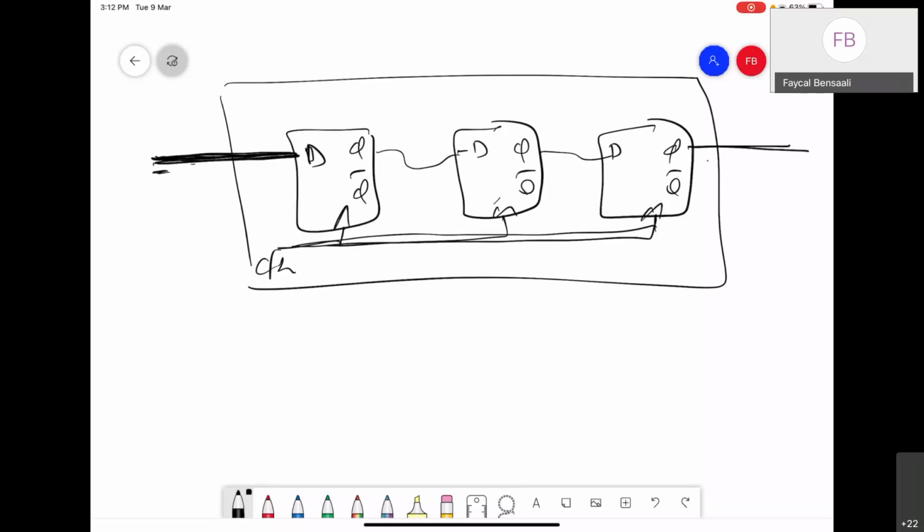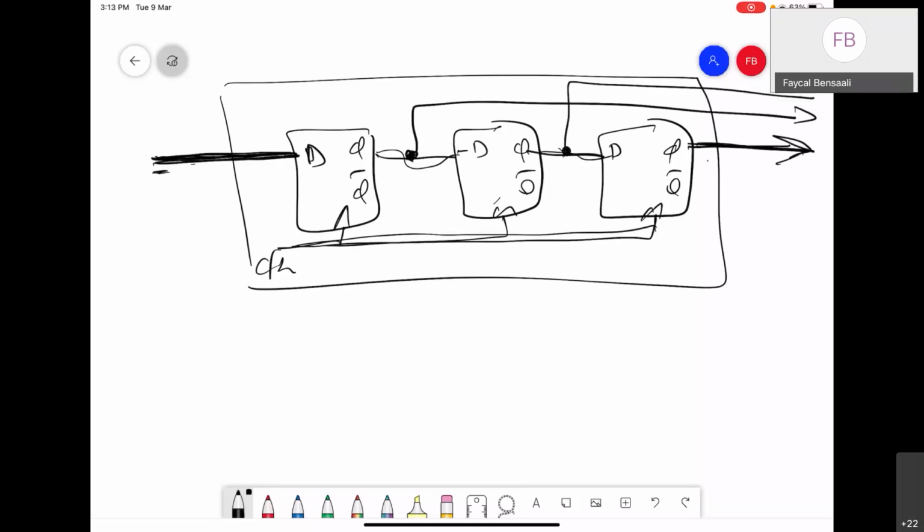Serial out means this Q. We will have just one output, which usually we get from the last one. Parallel out means that we may get other Qs out like that, so we'll have multiple lines. This is the difference between them.